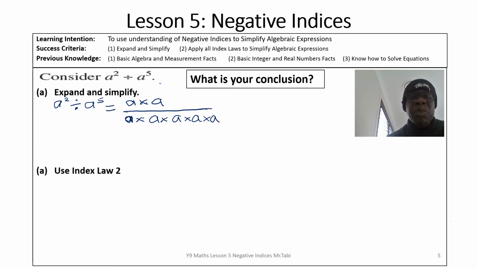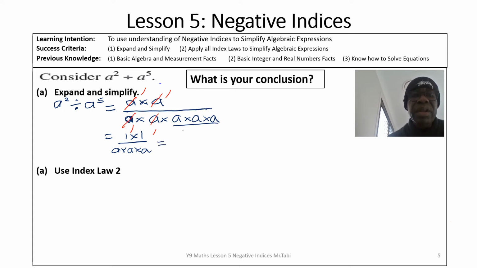Right. So if I do that, this a will cancel that a, give you 1 and 1. This a will cancel that, give you 1 and 1. And so I have this being equal to 1 times 1 at the numerator divided by a times a times a, because 3 of them are remaining.